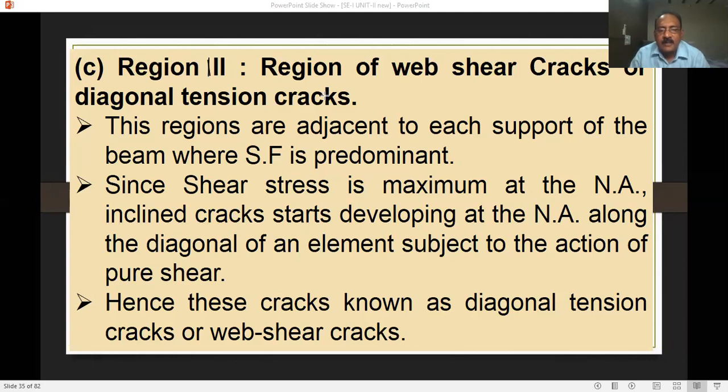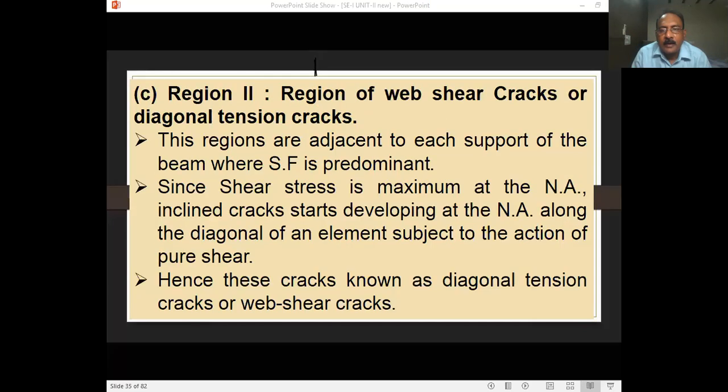These regions are adjacent to each support, near the support, where shear force is maximum, predominant. As you know, the shear force is maximum at the end, right?